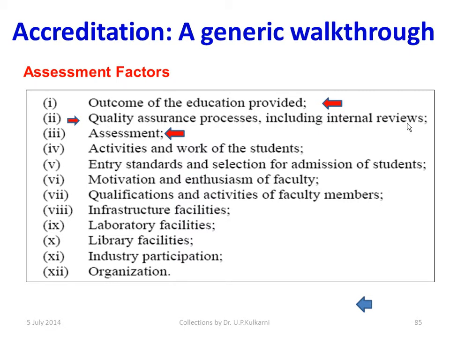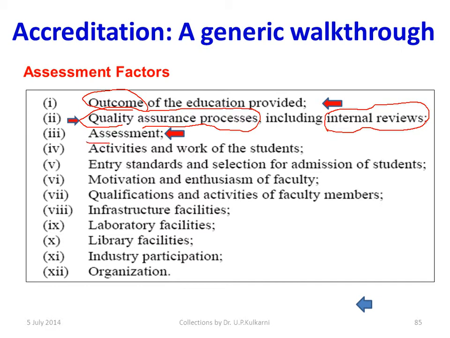Now we'll try to look into certain assessment factors which are important. One is the outcome of education provided, the most important thing. Quality assurance process that is introduced in a program, including the internal reviews: how frequently, how well you are doing the reviews and how the review outcomes are used in revising the process.